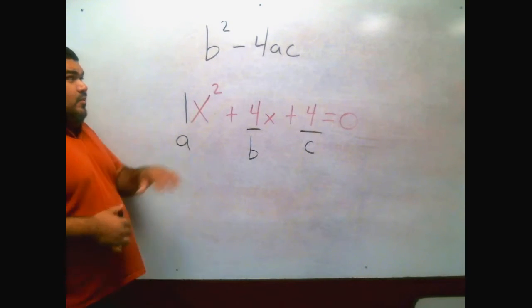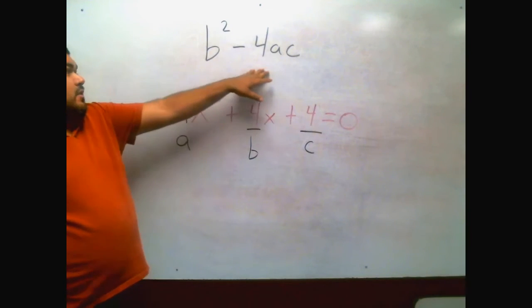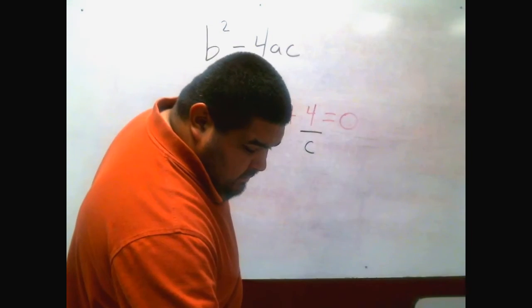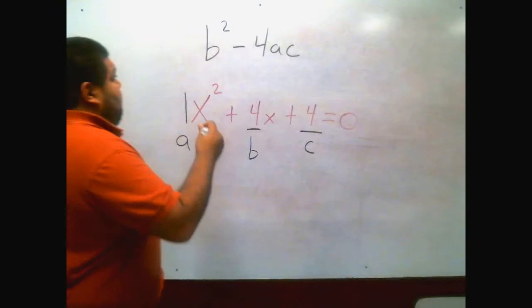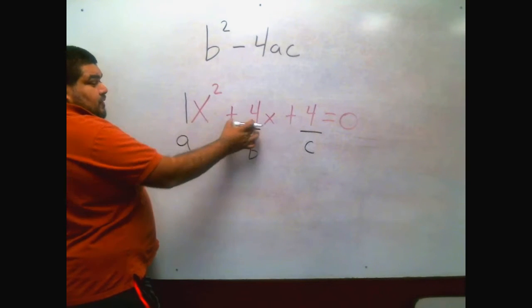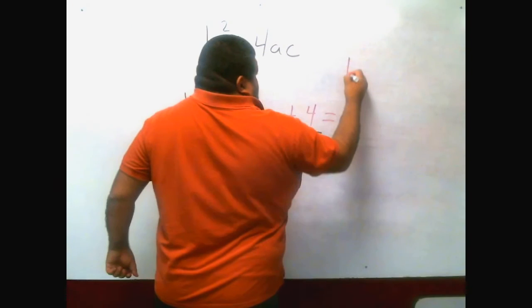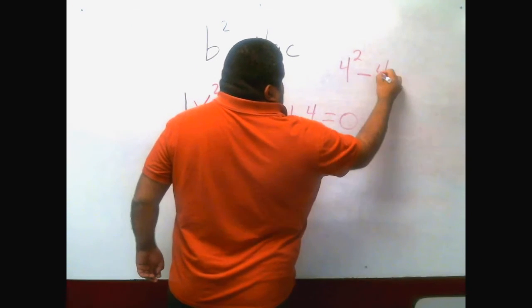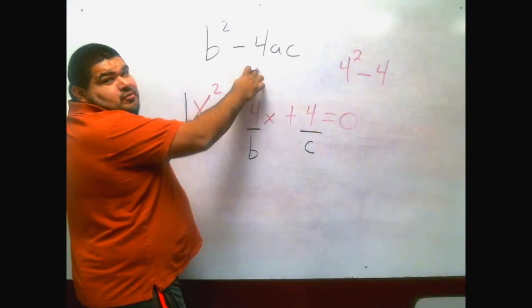Now that we have it labeled, we can plug it into the discriminant. So we have b squared, which in this case b is positive 4. So we say 4 squared minus 4, because that doesn't change. The 4 stays the same.